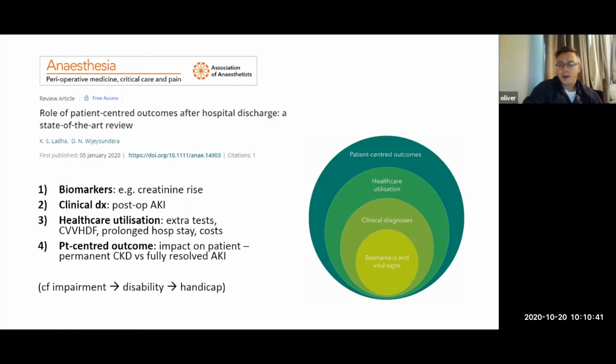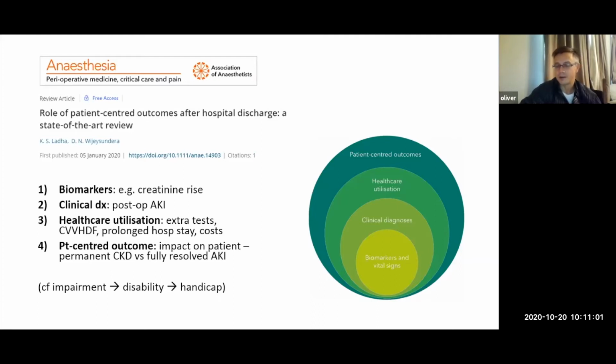And I just compare this with what's traditionally used in chronic disease measurement, the idea of impairment, which is, for example, you've had your foot amputated, leading to a disability, which would be, in this case, not being able to walk. And then the handicap is the life roles that stops you fulfilling.